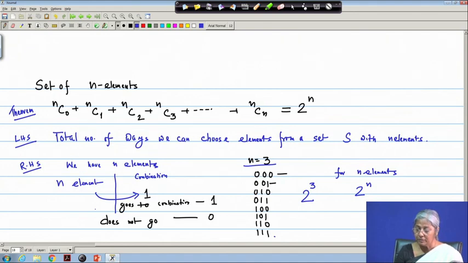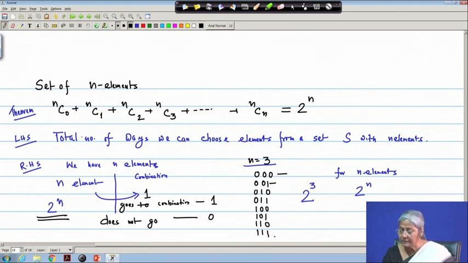So, the RHS, if we think of it as these n elements and whether I take the combination or not, then the RHS is nothing but 2 to the power n.